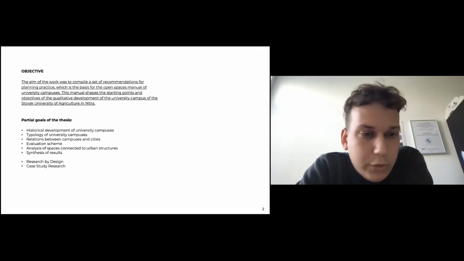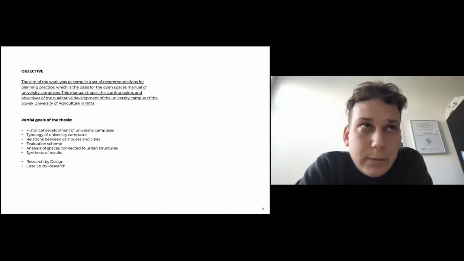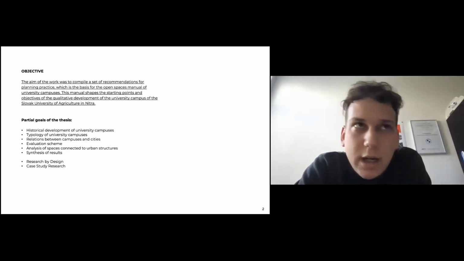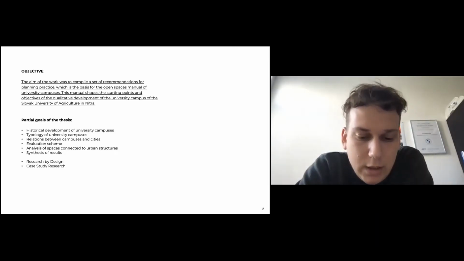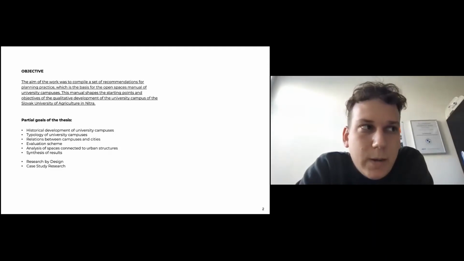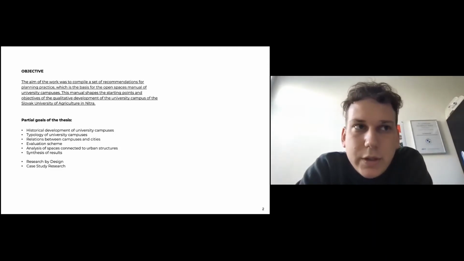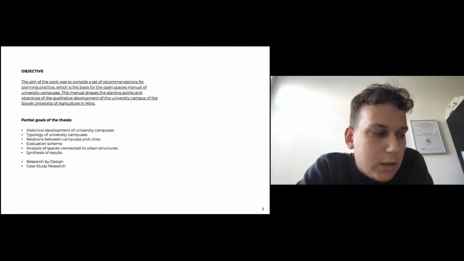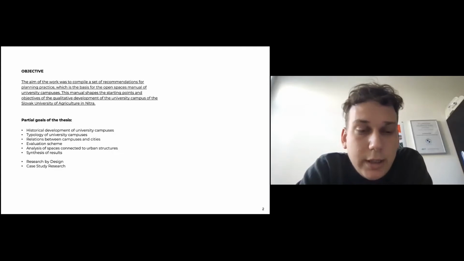An equally important partial goal is to name the relations between the university campus and the city, because we know that the university campus influences the city with many influences, such as economic, socioeconomic, cultural, social, and so on. And it's not only about their scale and how big the university campus is, but it's also about the location.